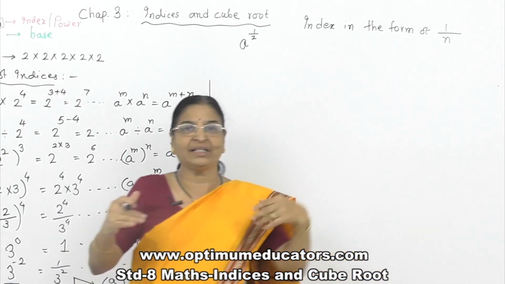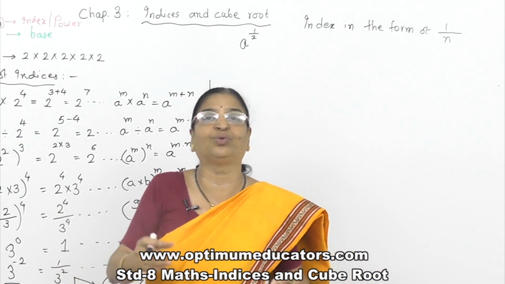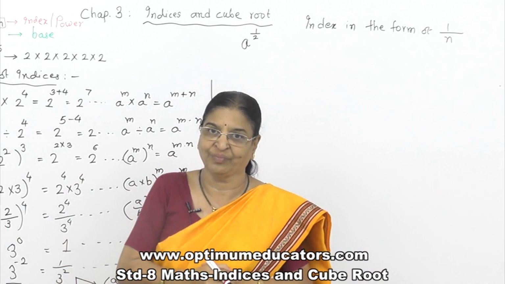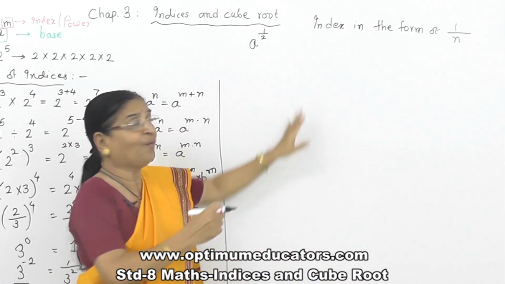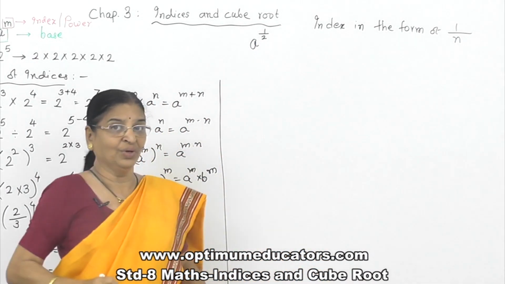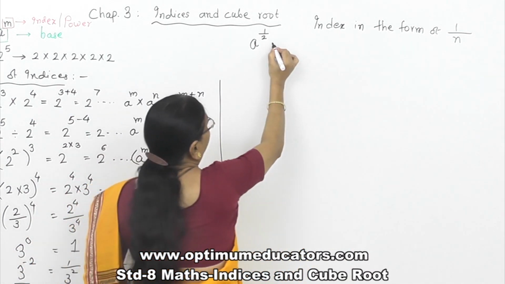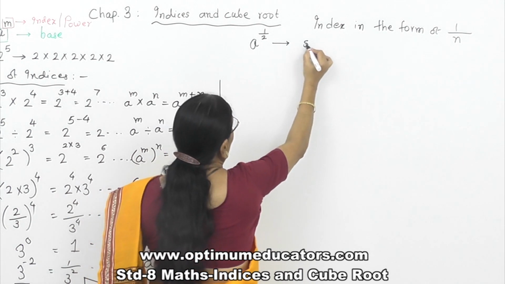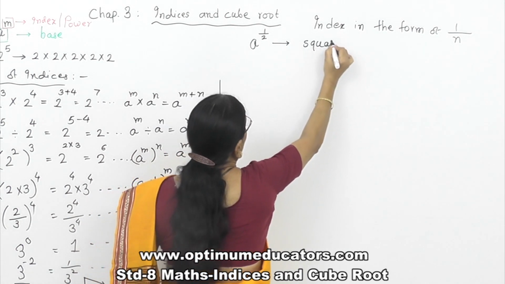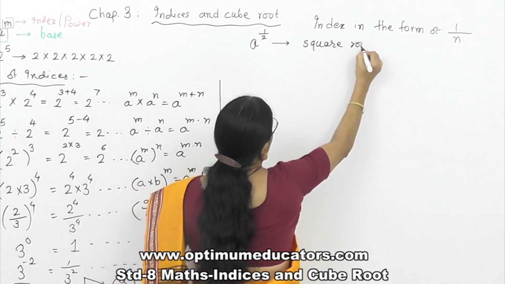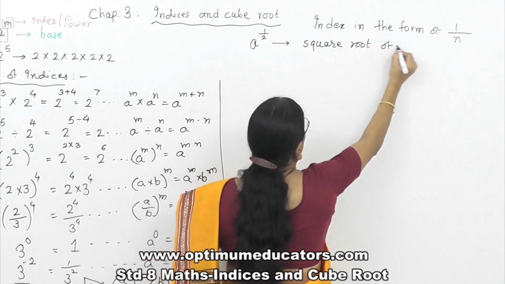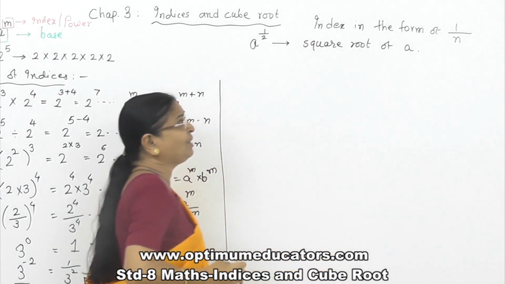The denominator is some counting number, that is 2, 3, 4, 5, 6 and so on. Okay. So when it is 1 upon 2, you have learned that it is written as the square root of a. What do you mean by that?